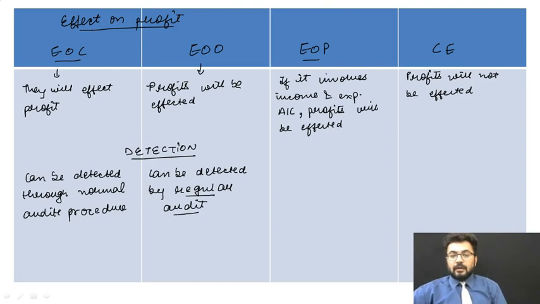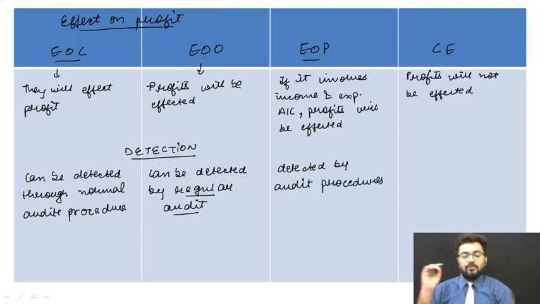Errors of principle are detected by audit procedures. What are these kinds of audit procedures? We are going to study them as well. But audit procedures do involve ledger scrutiny, comparison of financial statements, and analysis of financial statements.